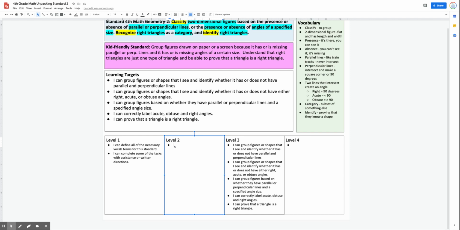So it might be that I can recognize parallel lines. I can recognize perpendicular lines.